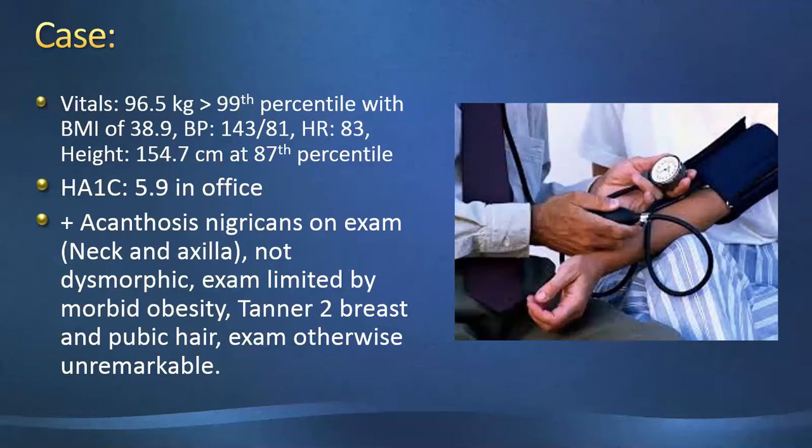In this case, her A1C is in the pre-diabetic range at 5.9 in office. She has very pronounced, very visible acanthosis nigricans. The family actually complains that they had tried to scrape it off with soap and sponges because they thought it was dirt.